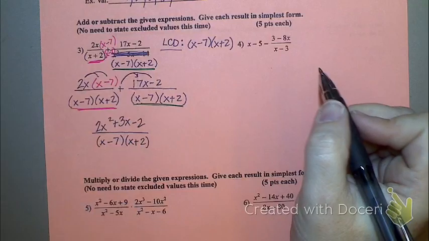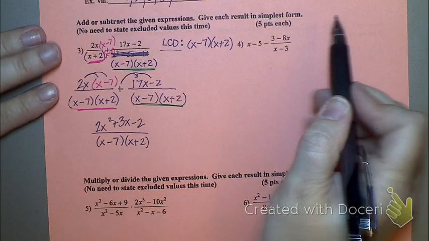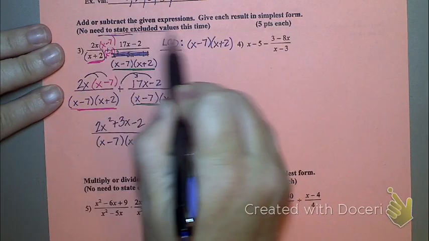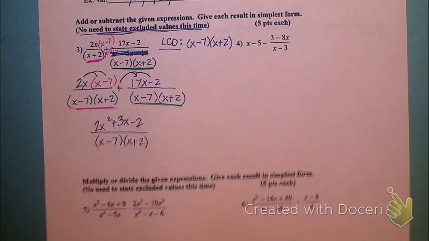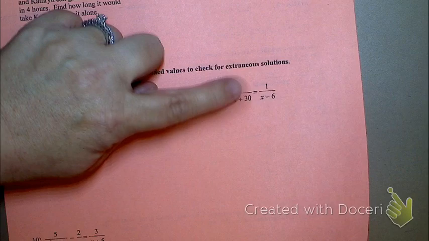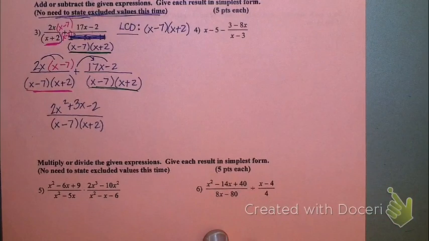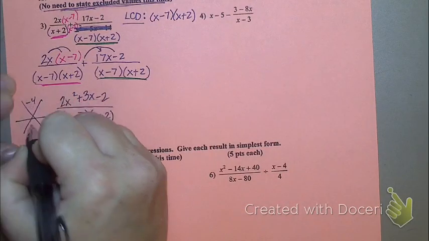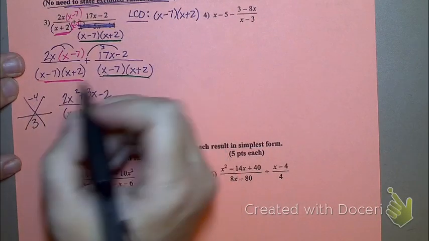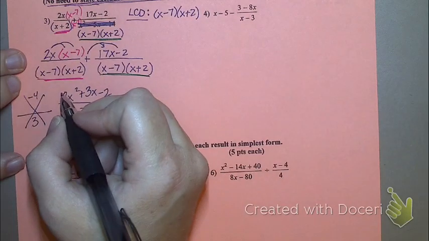By the way, do I need to state the excluded values? No, because excluded values really have no purpose until you get to the equal sign ones. Okay? But am I done? Why am I not done? I can factor that. Yeah?